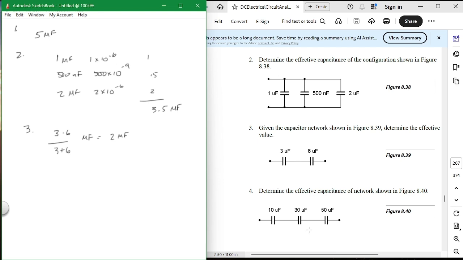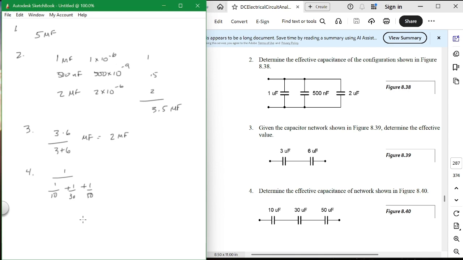And here we have 3, so you have to use the 1 over 1 over rule. So it's 1 over, 1 over 10 plus 1 over 30 plus 1 over 50. And that is what? I don't know. Do our calculators and find it out. Does anybody have any problem with the 1 over 1 over rule?